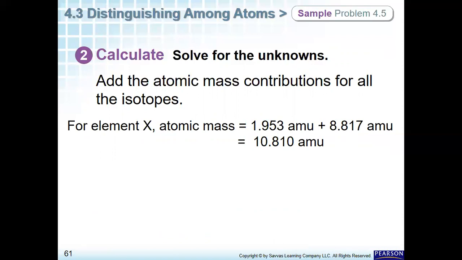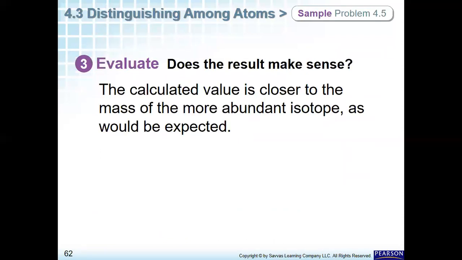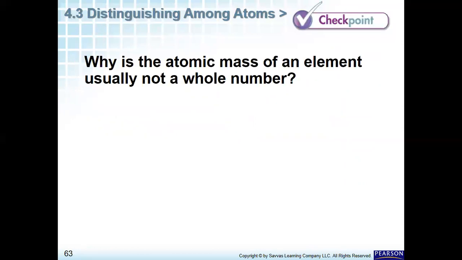So if we get that, guys, that will be relative to the mass of what? It's likely to be the element with mass 10. Does the result make sense? Yes, the calculated value is closer to the abundant isotope more than the other one.